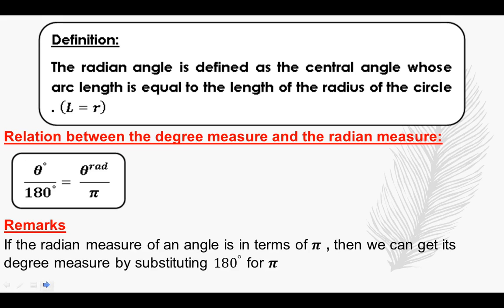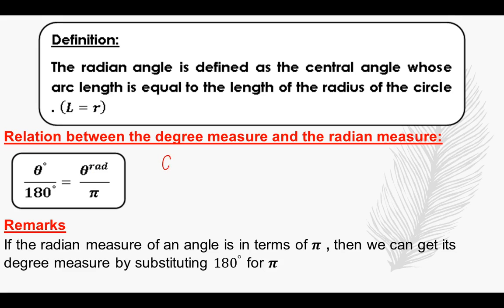If the radian measure of an angle is in terms of pi, then we can get its degree measure by substituting 180 degrees for pi. I will give you some examples. In this law, theta degree over 180 equals theta radian over pi.